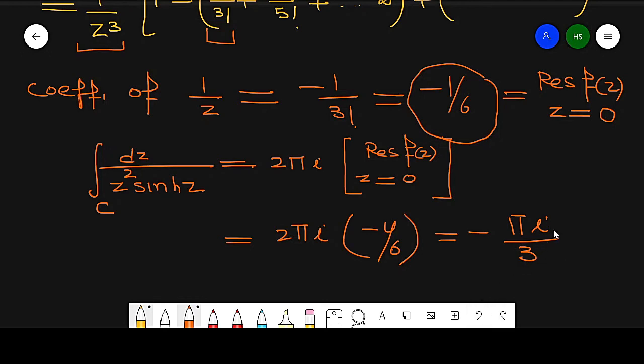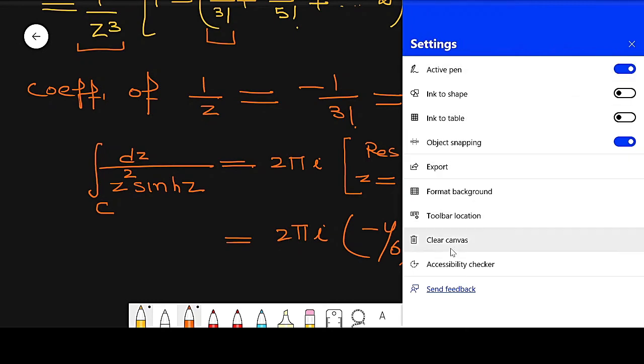So what does the negative sign indicate? The negative sign indicates the clockwise direction. If the value is positive, it indicates the anti-clockwise direction. Now here it indicates the clockwise direction.